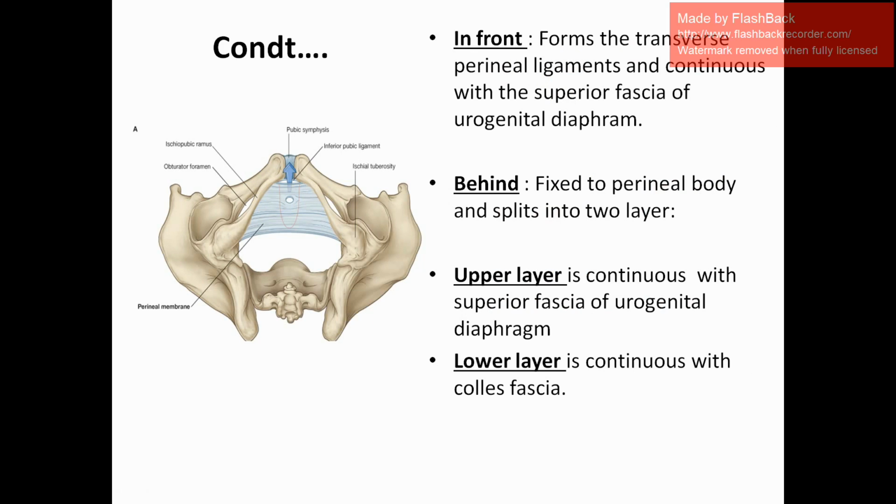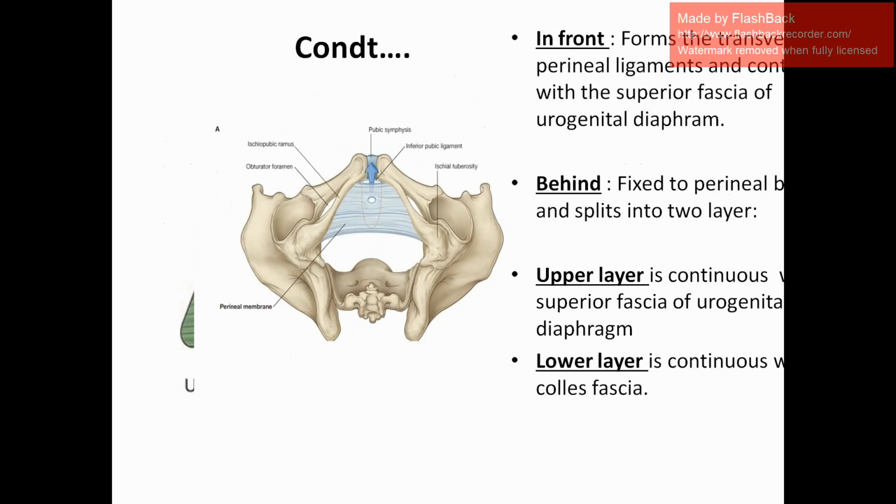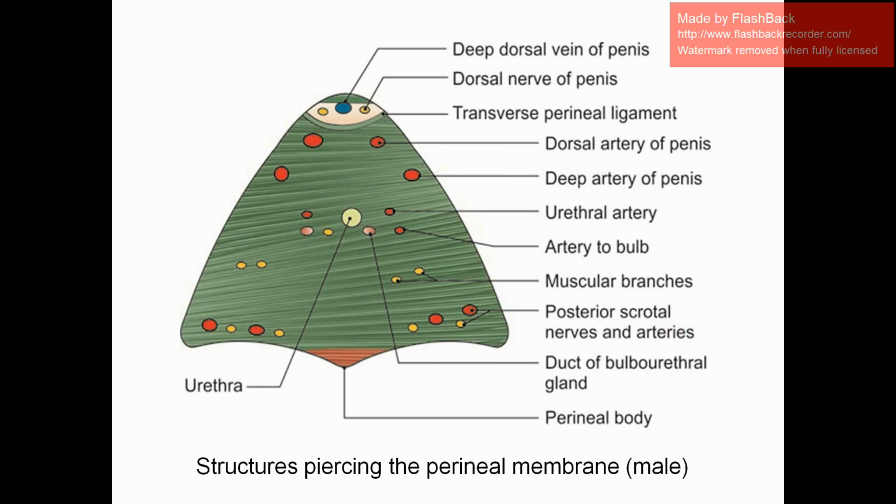Behind, it is fixed to the perineal body, and it splits into two layers, that is the upper layer and the lower layer. Upper layer is continuous with the superficial fascia of urogenital diaphragm. Lower layer is continuous with Colles fascia. Then structures piercing the perineal membrane in males.